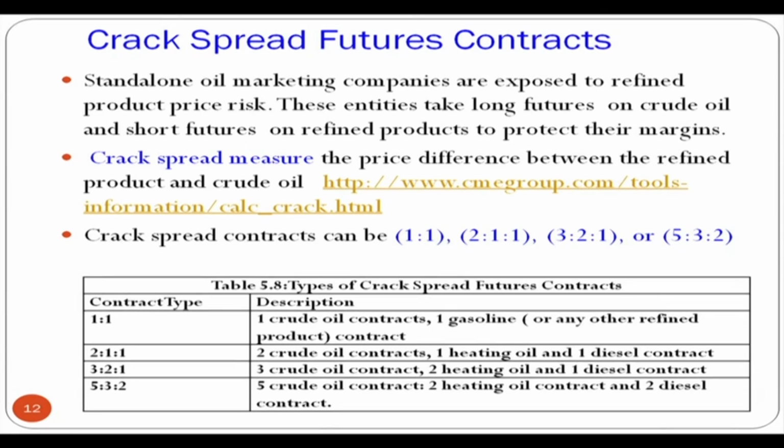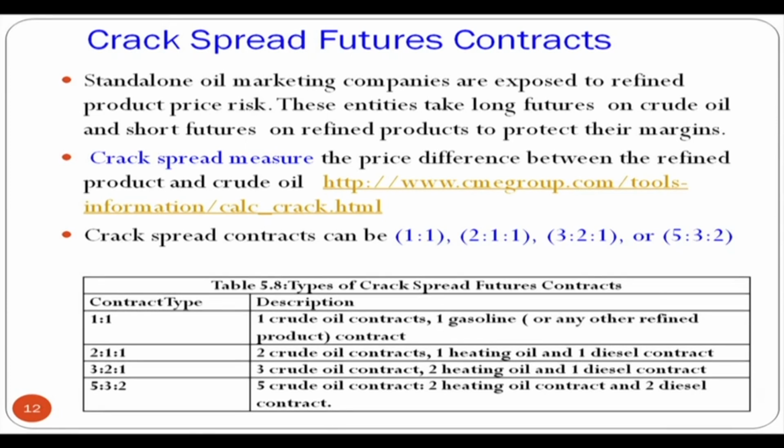Let's say when it bought crude oil, it had to pay a higher price, and by the time it refines the product and sells it in the market, maybe the crude oil price has gone down. So its input cost is higher and its revenue is going to be lesser when the refined product price goes down.